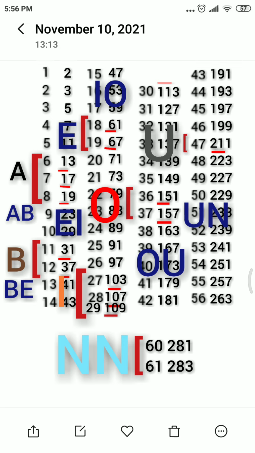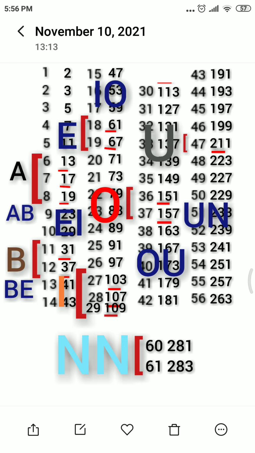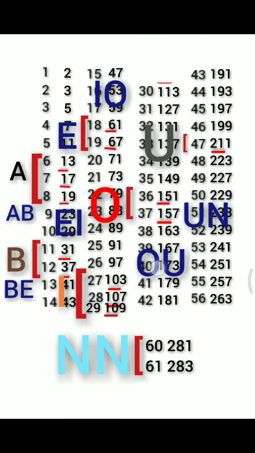Those are represented by the diphthongs, for example EI, IO, OU, and so on. So you can use these diphthongs as well to describe the lokas, the worlds.